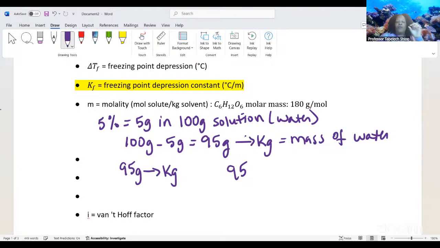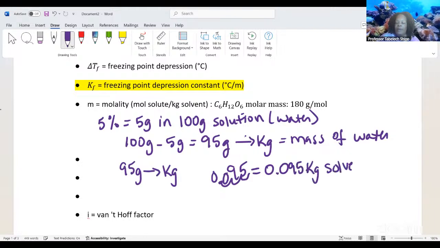Grams is in the middle, kilograms is 3 places to the left: 1, 2, 3. That gives me 0.095 kilograms of the solvent. Remember, molality is equal to the moles of the solute divided by the kilograms of the solvent.